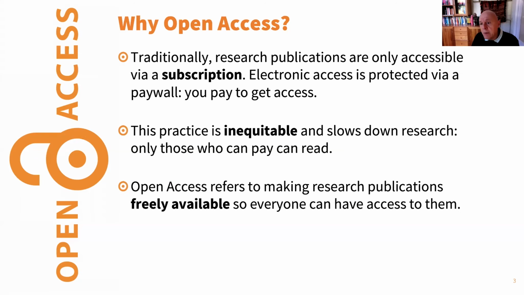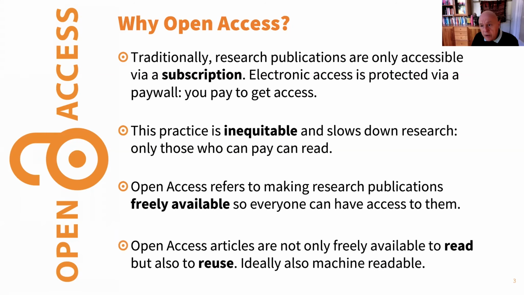Open access then tries to mend that situation by making research publications freely available to read so that everybody can have access to them. That's the first purpose. And open access articles are not only freely available to read, it's very important to say this, but also to reuse. We want these articles to be reusable so that other people can build on them, criticize them, make scientific progress.